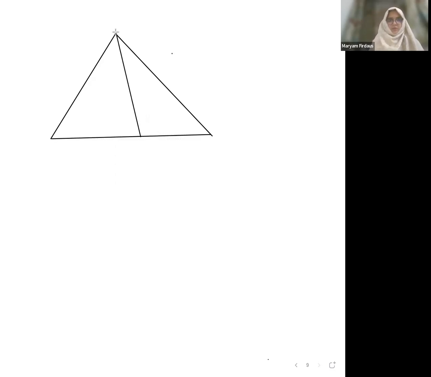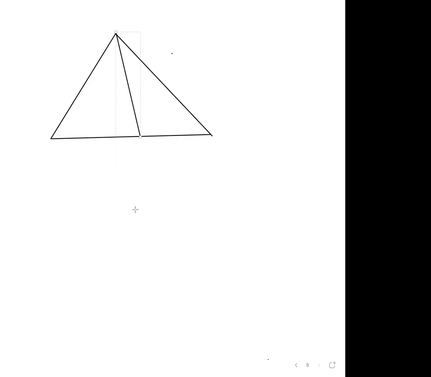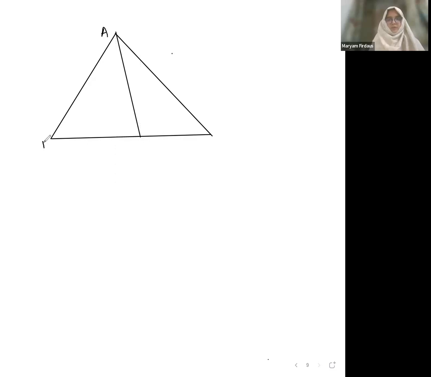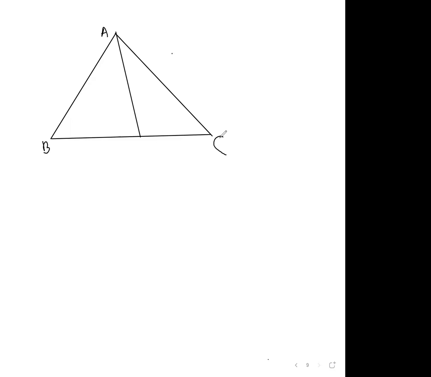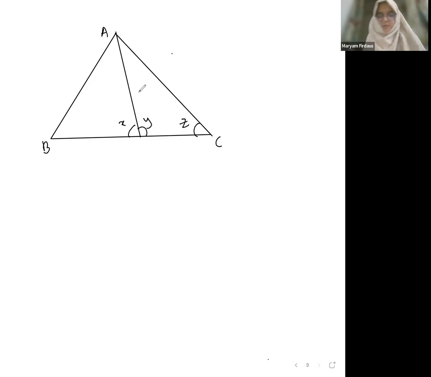Can you read out the question in the figure? Find the value. That's it, right? Nothing else is given. Fine. I hope you're also drawing the figure simultaneously. 60, 30, 60.